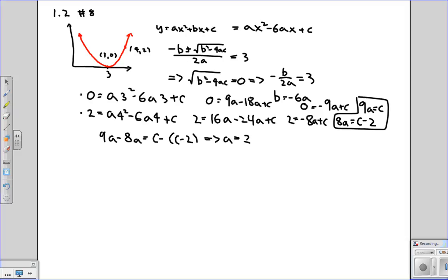So now that we have what a is, we can figure out what everything else is. Because recall, b is negative 6 times a, so b is negative 12. And then c, well, we could just plug it into any of the equations that we have. For example, c is equal to 9 times a, so c is equal to 18.